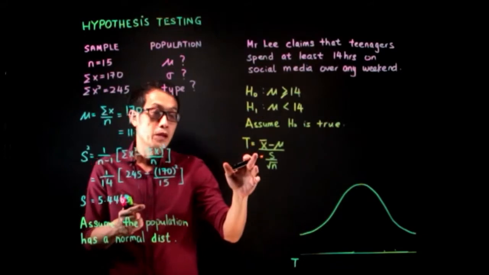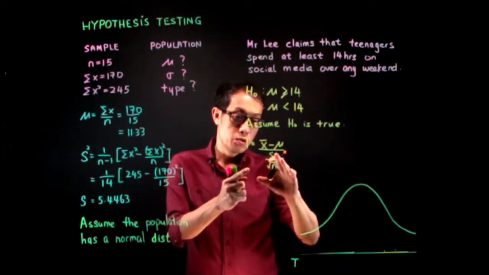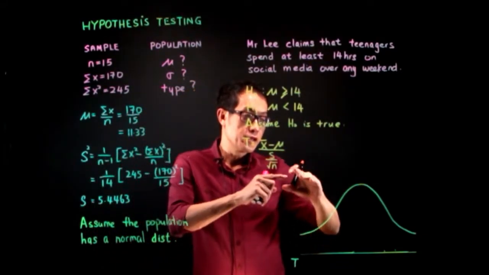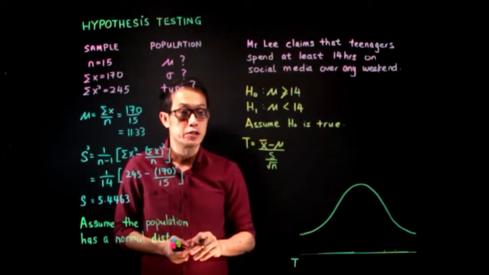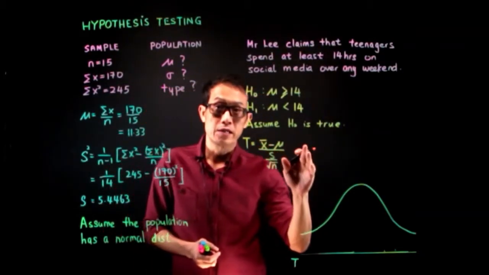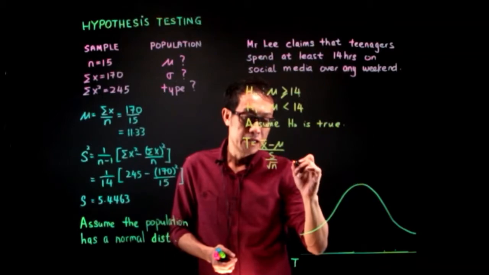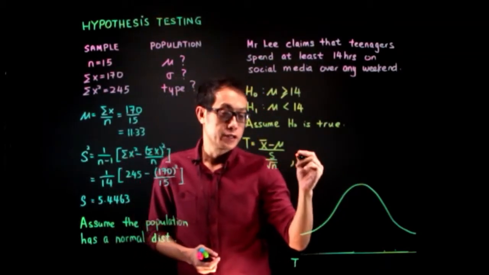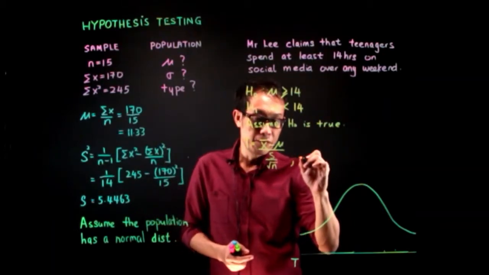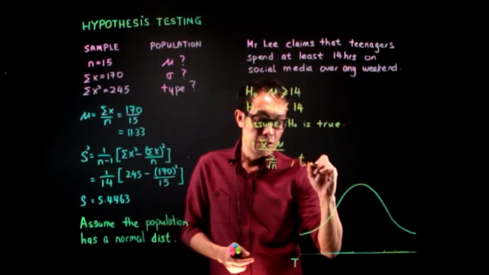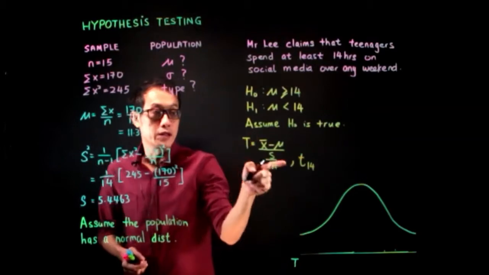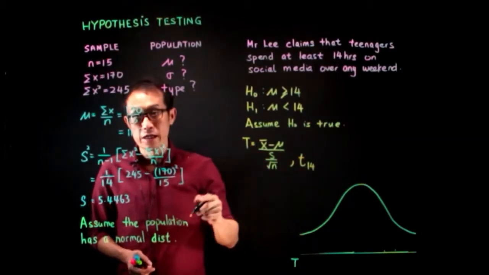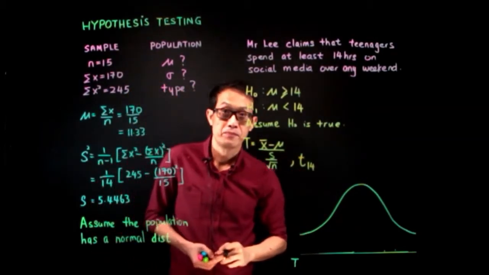The graph is a little bit stretched for your t distribution, so that's why the idea of degrees of freedom comes into play. The degrees of freedom will be n minus 1, so in this case you have 14 degrees of freedom.